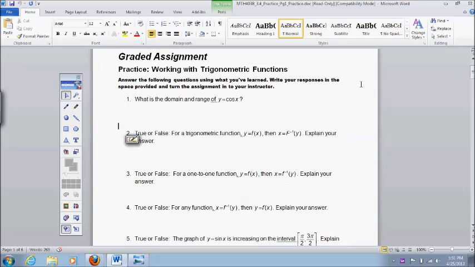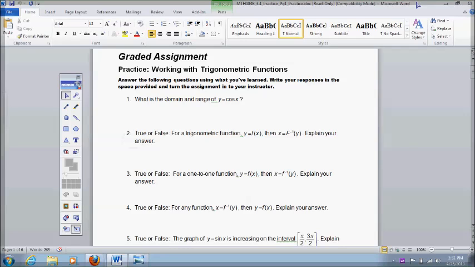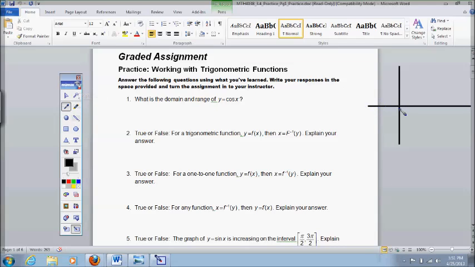This first problem says, what is the domain and range of y equals cosine x? This is something that should be easy and straightforward. If you recall, when we graphed the parent function cosine x, one period of that, we have the 5 critical points starting at the origin.